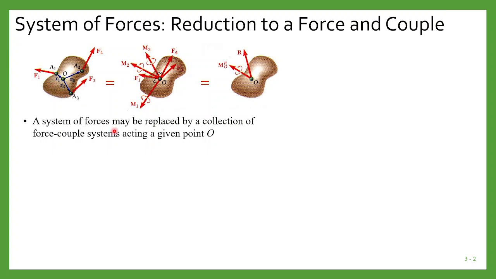As we have learned in the previous lecture, you can reduce this force F1 into a force and couple system when you shift this force to point O. Similarly we can do this for all three forces, and reduce all of them at O. In the second figure you can see that force F1 is reduced to a force F1 plus moment M1 at O. Similarly for F2 and F3.